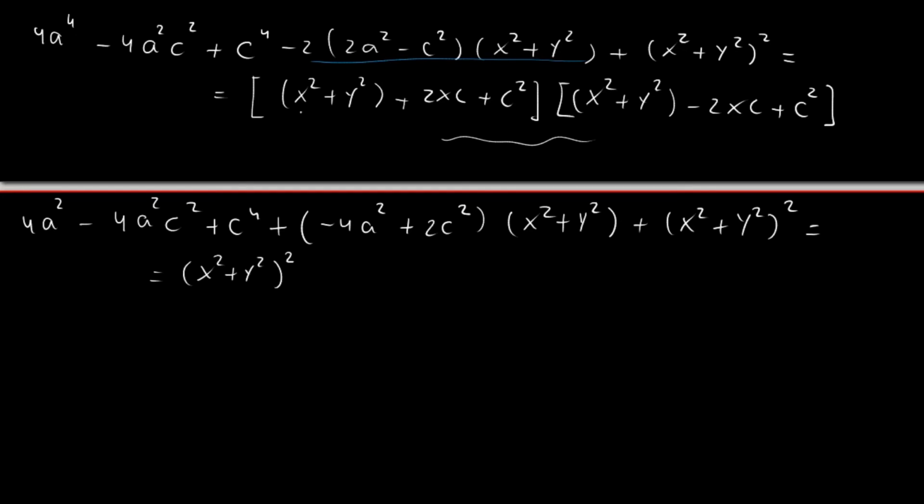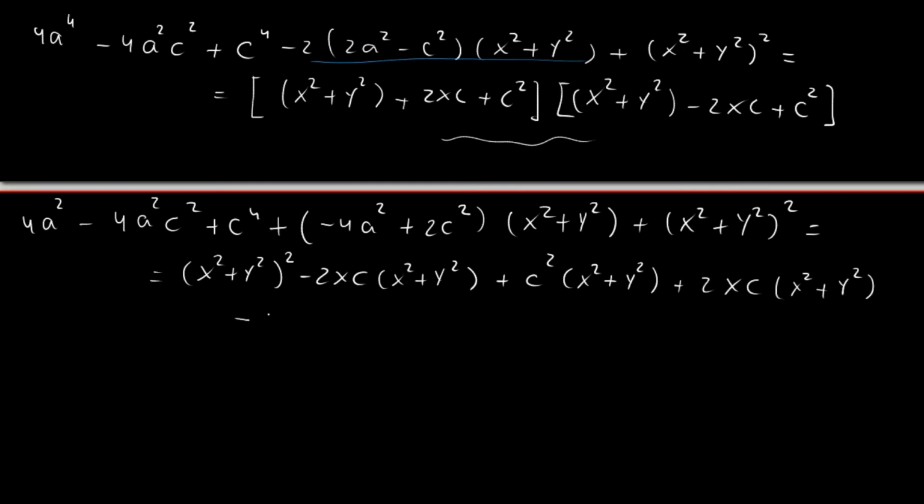And now x squared plus y squared multiplied by minus 2xc multiplied by c squared. Now 2xc multiplied by all the terms here, and finally c squared multiplied by the three terms.